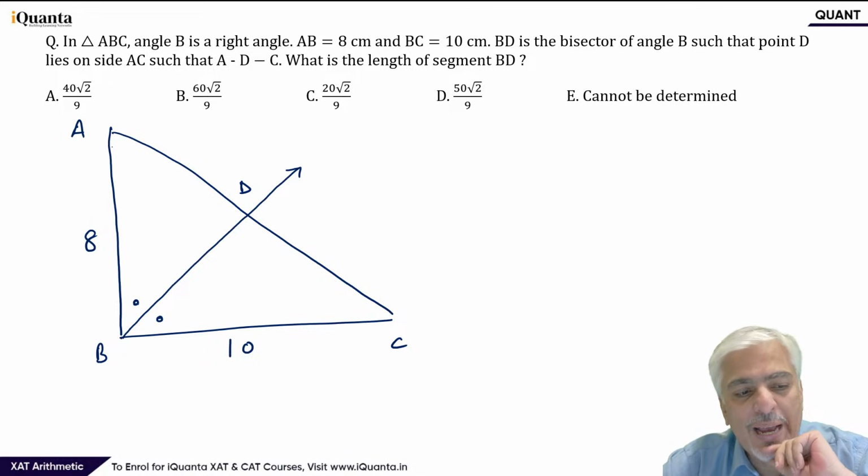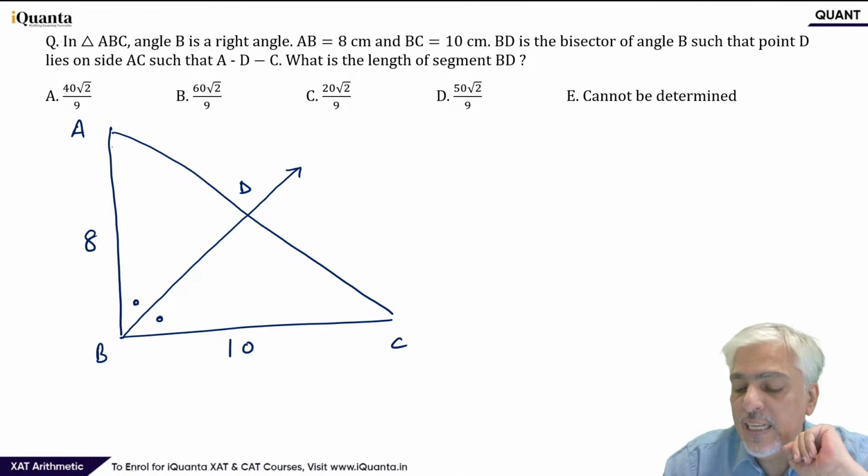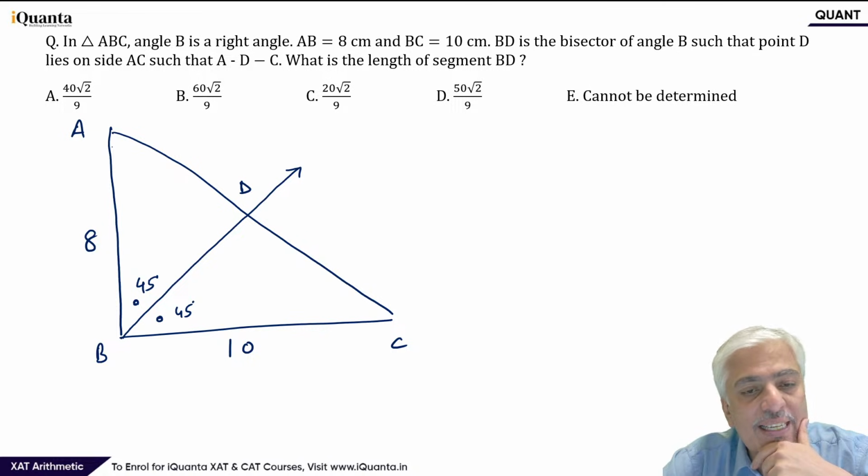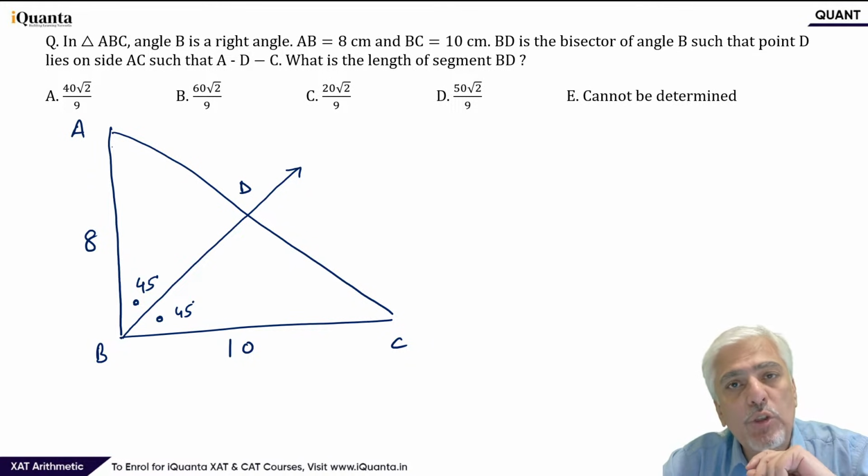I'm happy. Both angles are 45 degrees. Both the angles which are equal will be 45 degrees each. Now I will have to use the formula.